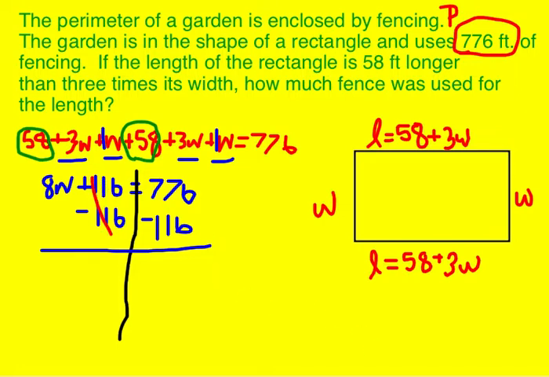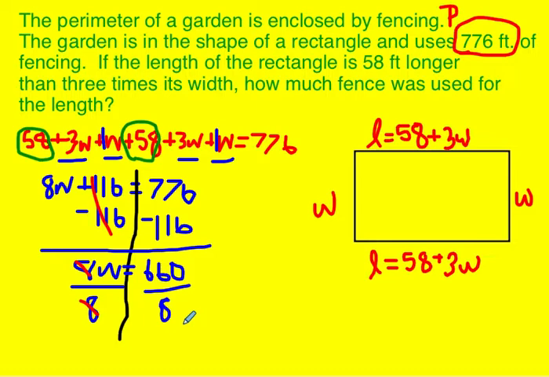So I can say that 8W is equal to 660. And then I just need to divide both sides by 8. So when I do that, my 8's on the left-hand side are going to cancel out. And then I get a width value.